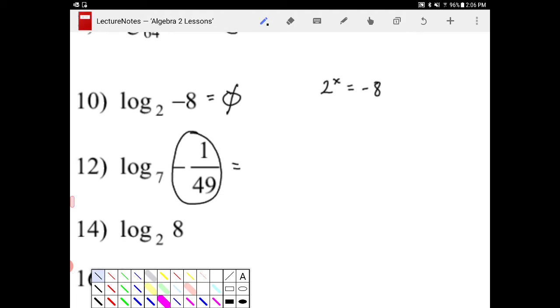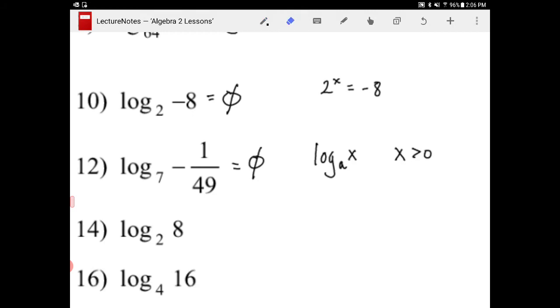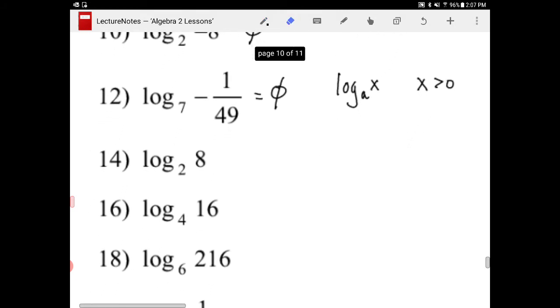Anytime the argument of the logarithm is negative, there's no solution. It's outside of the domain, right? If you recall, for log base a of x, the domain here is x is greater than 0.